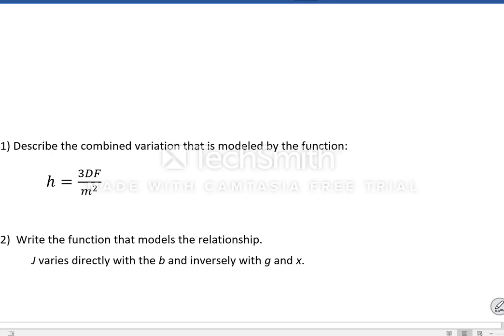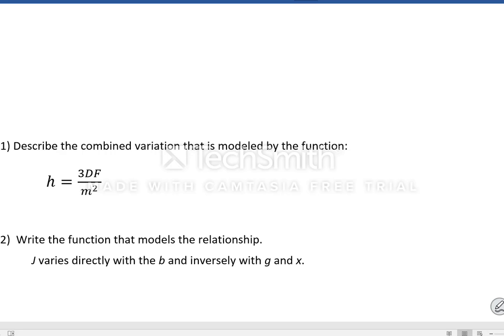Here are the next particular problems I want to discuss. And these specific problems, they look a little different, but what I want to do is write the equation in words or write the equation from words. Again, the combined variation. Remember we talked about the word joint variation.